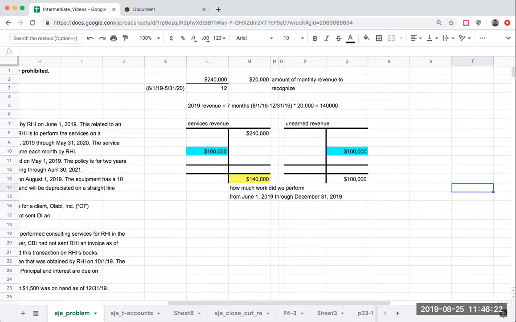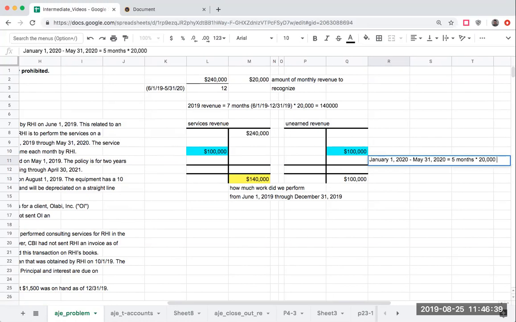Our future services in this instance are from January 1st, 2020 through May 31st, 2020, for a total of 5 months. When I multiply that by $20,000 per month, I get $100,000, which is the amount of unearned revenue I should have on my financial statements as of December 31st, 2019.